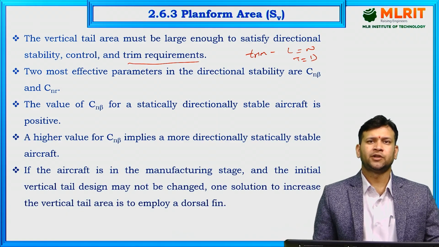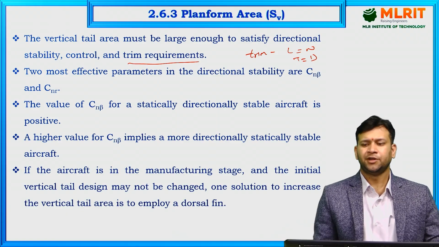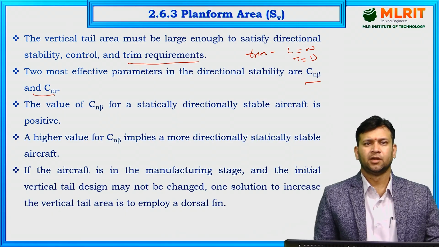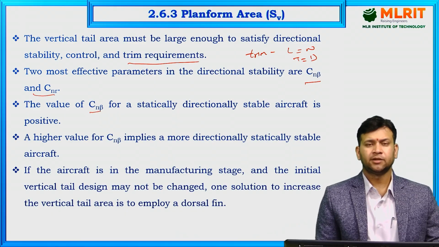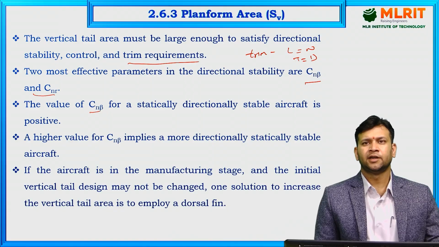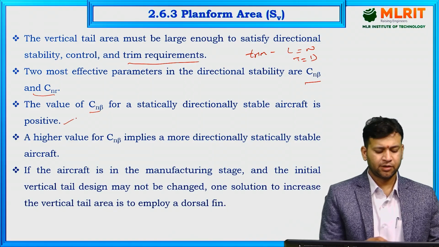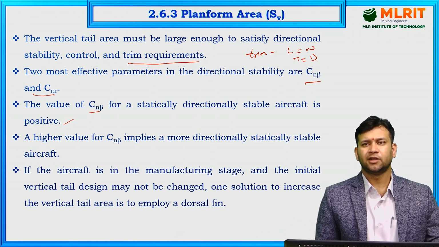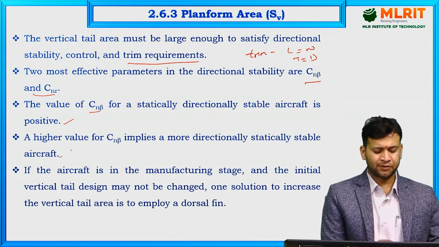Two most effective parameters in directional stability are Cn beta and Cnr. The value of Cn beta for a statically directional stable aircraft is positive. A higher value of Cn beta implies a more directionally statically stable aircraft.